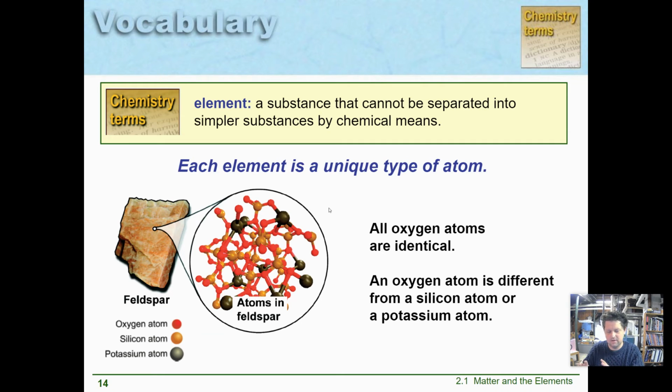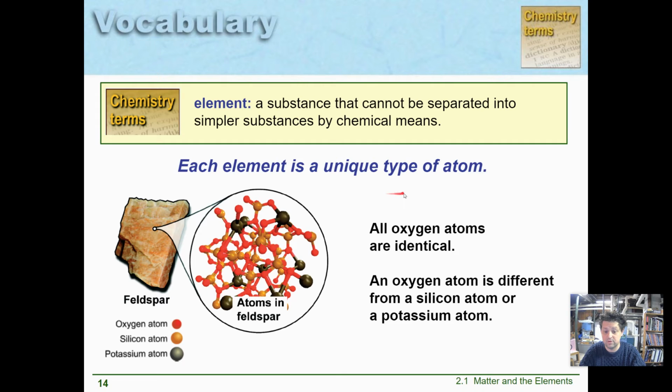An element is the stuff that those are made of. I cannot break down an element by chemical means. I can't put acid on oxygen and try to turn it into something else. I can't light it on fire and expect it to turn into something else. An element is a fixed thing for the most part. There are exceptions. We're not going to get that far.